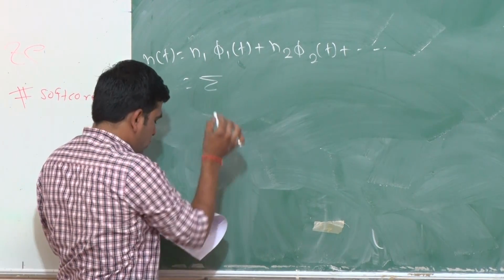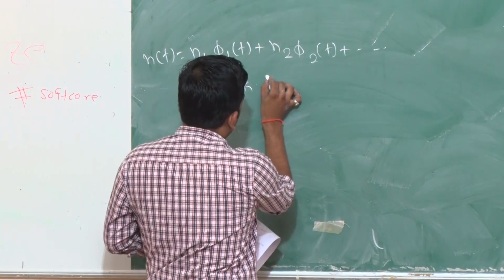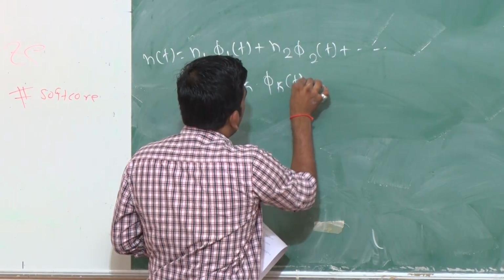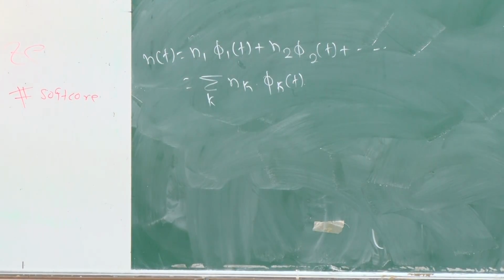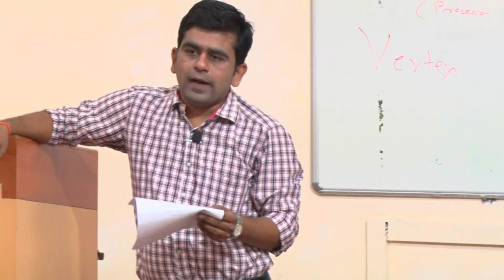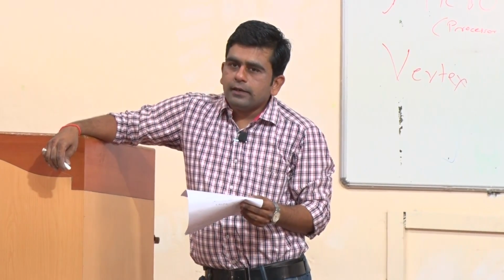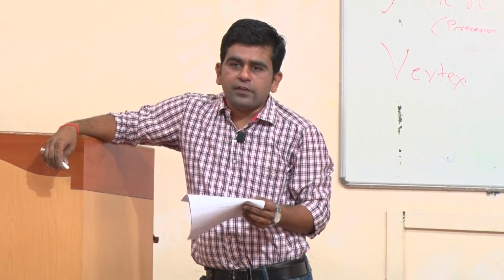It will give summation over k of nk into phi k of t. Here k extends from minus infinity to plus infinity, as the bandwidth of this noise is infinite. Write down, white noise has an infinite bandwidth, therefore the dimensionality of the signal space is infinite.